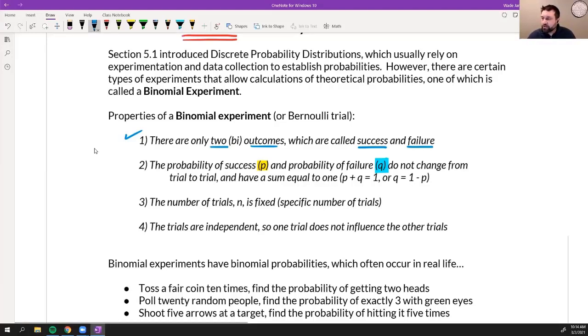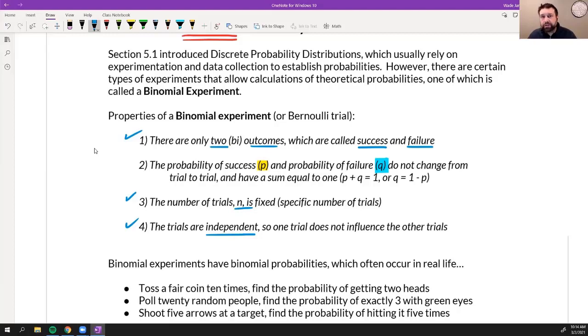There is a fixed number of trials. You run an experiment 5 times, or you flip a coin 13 times. There is a fixed number of trials that you do. And then finally, each of these trials are independent, which means the results of the first trial do not impact the second trial, and the results of the second trial do not impact the third trial.